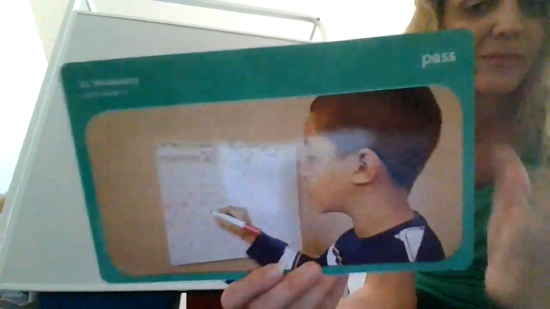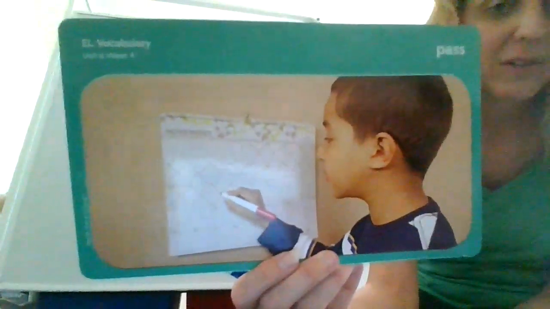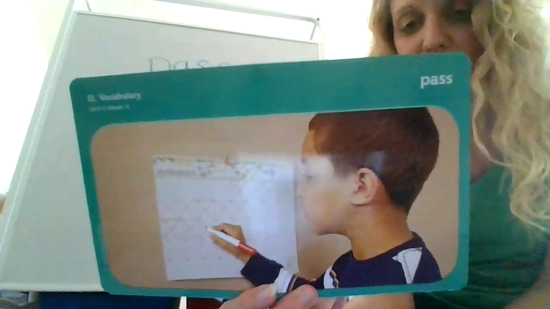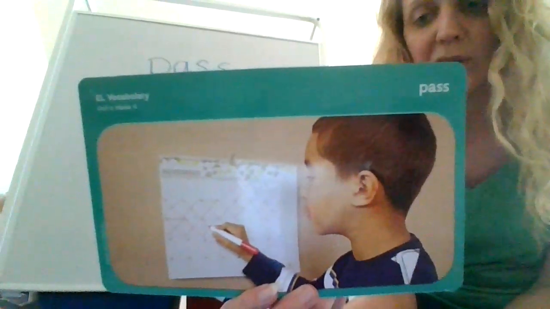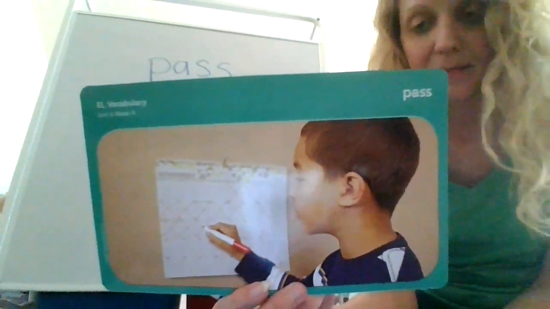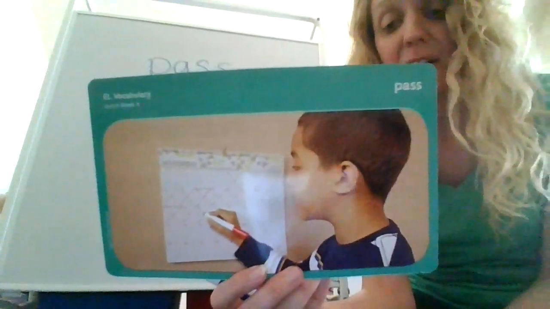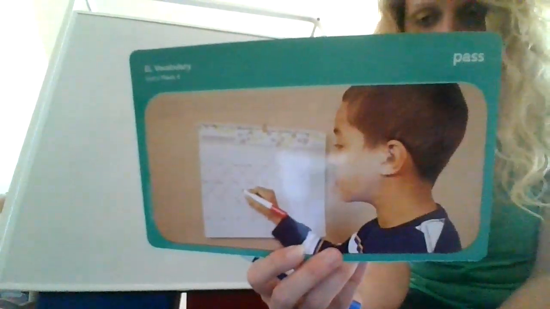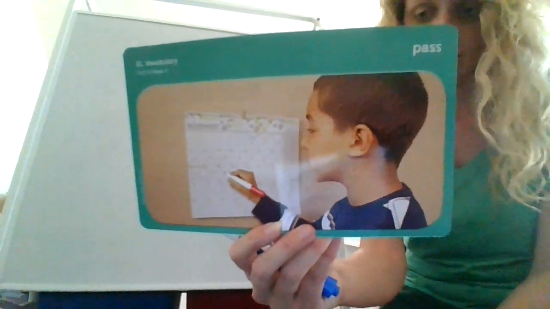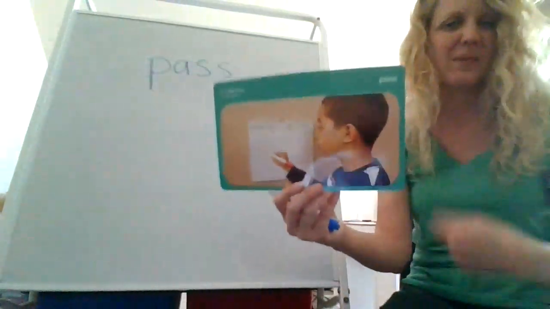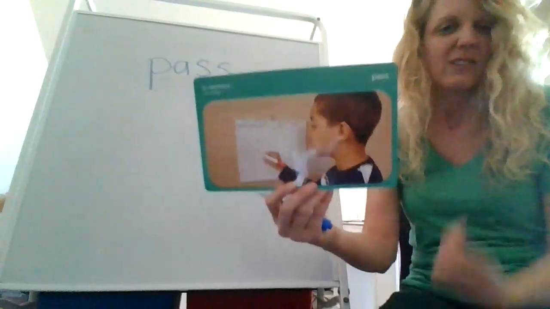All right, so say pass. Here's the picture. The definition of pass means to move along in time. In this example, it says the school week will pass before the weekend. So it means how much more time do we have to wait?